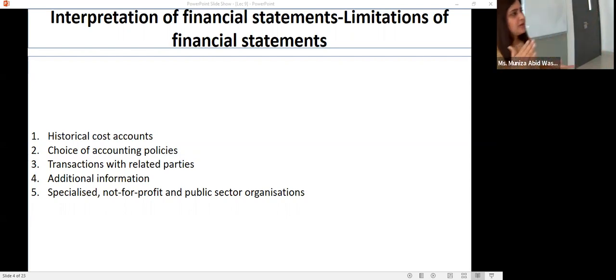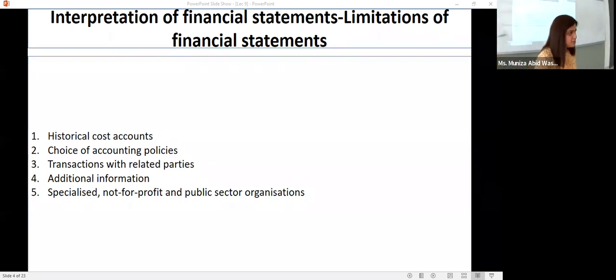So if every organization whose ratios are being compared with each other is using different accounting policies, obviously the comparison would be of lesser, limited importance. It would be a narrower analysis, since every organization has been using different accounting policies. A very small example of this: say one organization is calculating depreciation on the basis of the straight line method, and the other organization is charging depreciation on the reducing balance method.